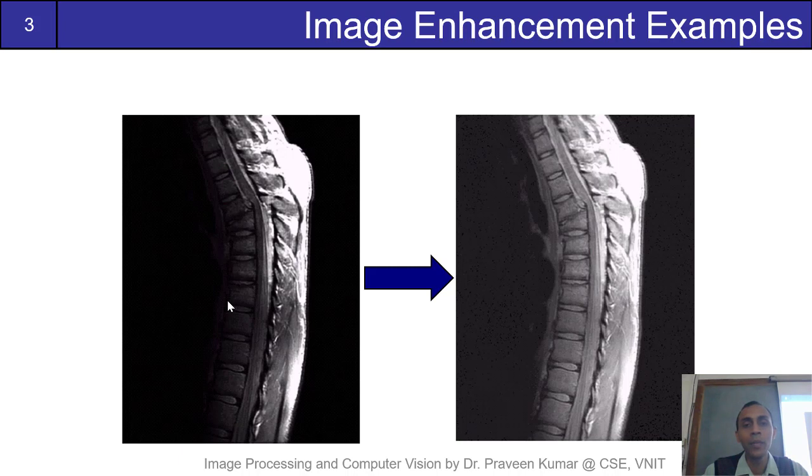And these are some examples here. For example, this is a medical image of a bone x-ray. The contrast is not so good, so you can try to enhance it. I don't know whether it is visible here, but at least some more details are visible here as compared to this image.